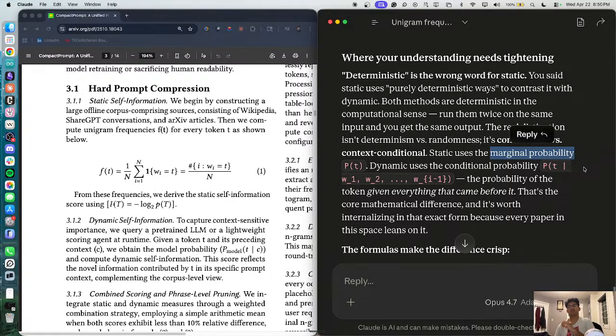But static self-information cannot actually grasp that. Dynamic self-information, on the other hand, can, because it's powered by LMs, right? Language models have layers, self-attention layers, which are able to actually grasp context. So that is the real difference between static self-information and dynamic self-information.